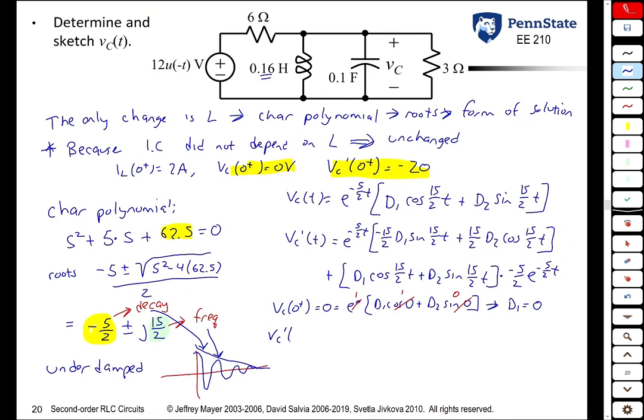Likewise, vC'(0+), which we know has to be minus 20, has to equal this long expression here evaluated at t equals 0.